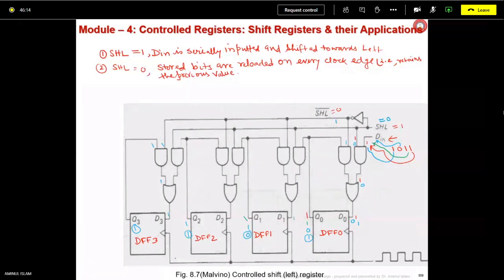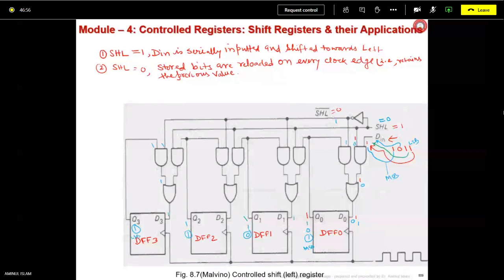This is the LSB of your input bits, and this is the MSB of your input bits. Is it understood? Yes or no? Yes, sir, it is understood till here. All the 4 bits are getting stored.